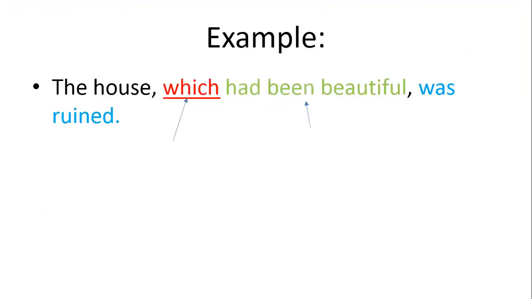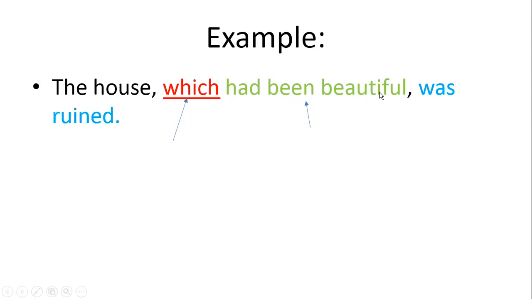For example, the house which had been beautiful was ruined. I can simply say the house was ruined, and that would actually be an incomplete sentence. But I put "which had been beautiful."